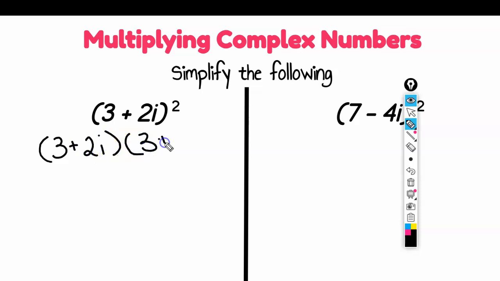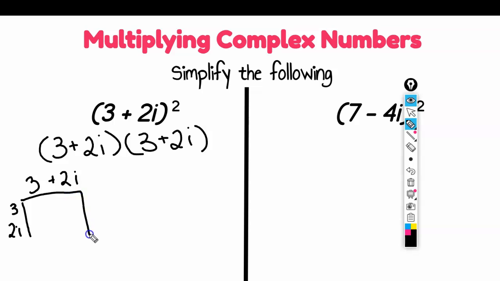So I basically just see it written down next to itself twice. I've got 3 plus 2i on one side, and 3 plus 2i on the other side. I make my box with the right amount of spaces, and then I start working.